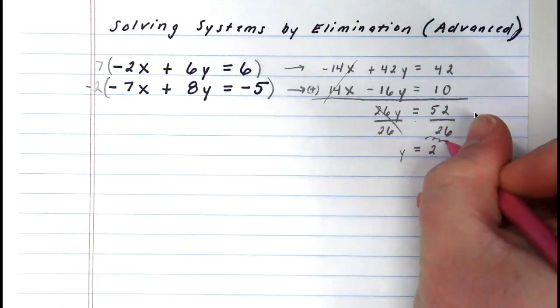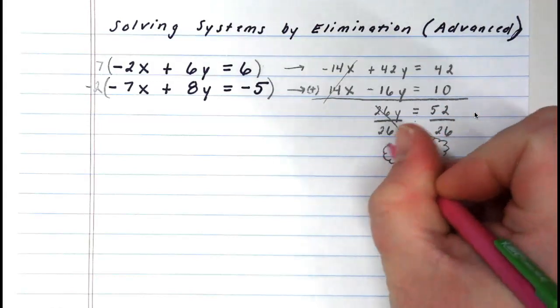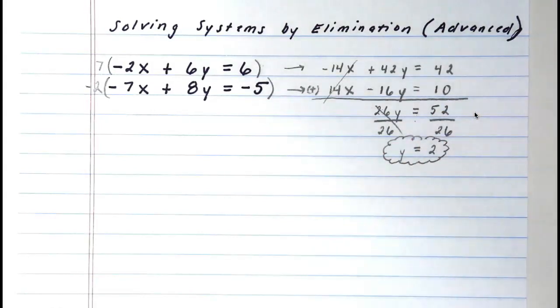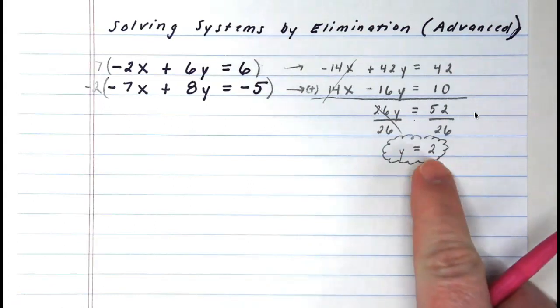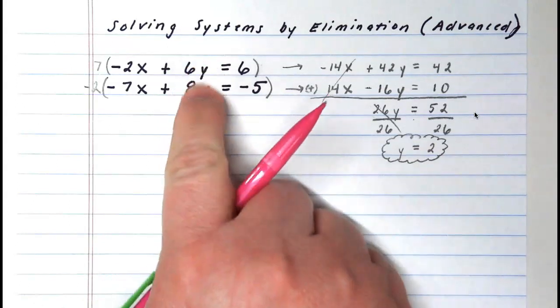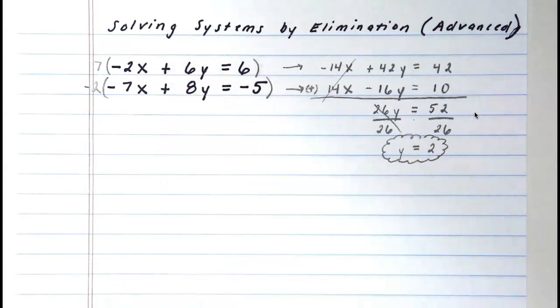So now we have one of our variables, and we just need to solve for the other one. Just like the other example problems in elimination that you've probably already looked at, you have to take that and plug it back into one of the original equations to get the other variable. There's no rule for which one to pick. I usually pick the one that, in my opinion, looks easier.